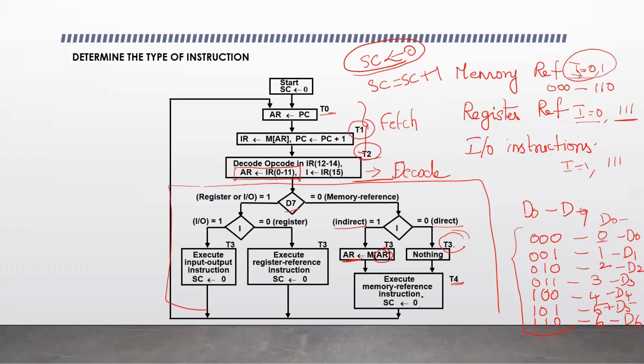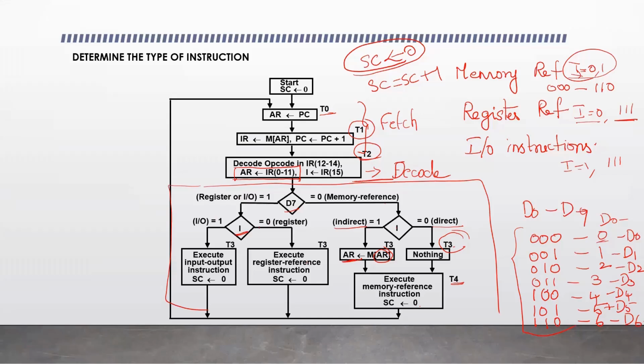And in the other case, when D7 is 1, it means the instruction is a register reference instruction or an IO instruction. Now, how do we identify whether it is a register reference or an IO instruction? By checking the bit I. If it is 1, it is an IO instruction. Or if I is 0, it is a register reference instruction.